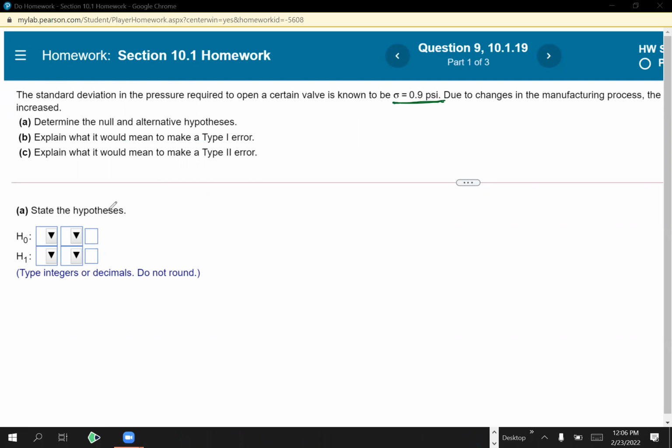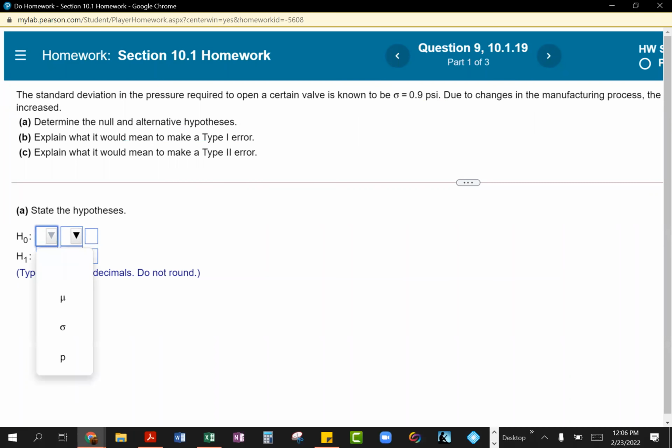Now they're asking us to start out by stating the hypotheses for the null and alternative. So remember the H sub 0 represents the null hypothesis and H sub 1 represents the alternate. Some textbooks will use 0 and sub A for those, but our textbook goes with 0 and 1. So in this case, the null hypothesis is where we are saying the sigma is equal to 0.9 because that's what they're giving us.